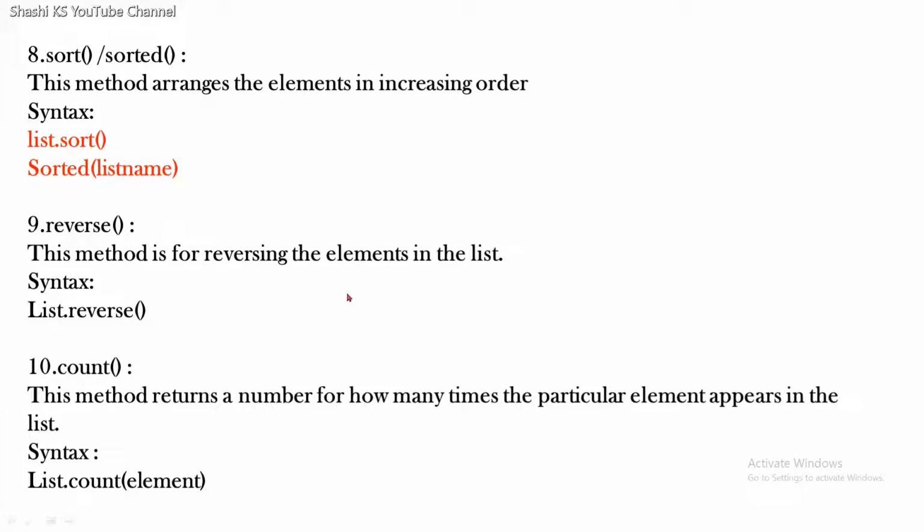If you want to reverse the elements of a list, then the syntax is list name dot reverse. And if you want to count how many times a particular element appears in a list, then you will make use of the count method. And the syntax is list name dot count of the element. This will return the count of the number of times the element appears in the list.